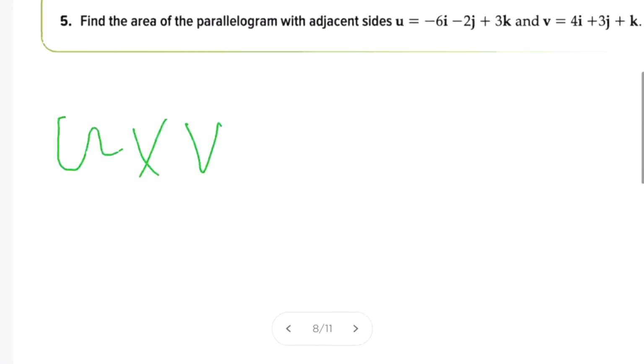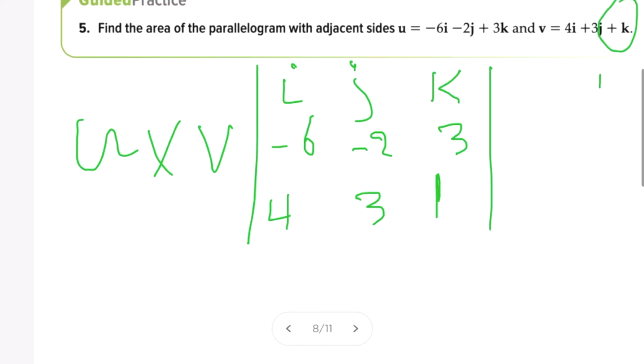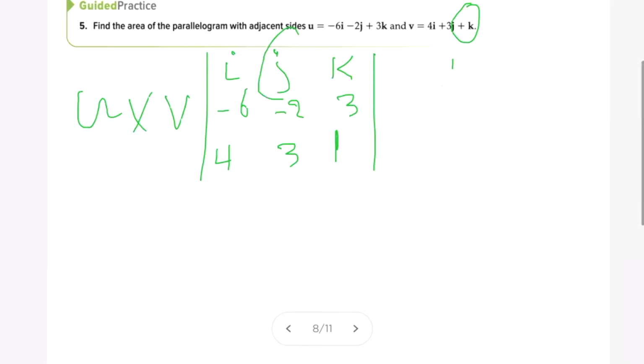Very simple, you just have to put your determinant, so u cross v. Maybe some of you have worked this out and I'm writing on the paper. So you put i, j, k, and then you put negative 6, negative 2, 3, 4, 3, 1. When you have k only, that means 1, the component. And then make sure with j, you put the minus, okay?